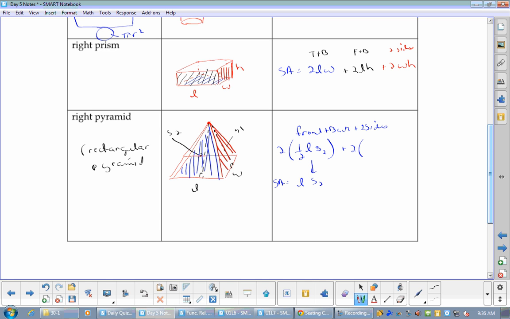Right. So that would be 2 times 1/2 L S1, which goes to plus L S1. Plus the bottom, or I guess we call it the base. How would you find that area? Length times width, so we're just going to add plus length times width.